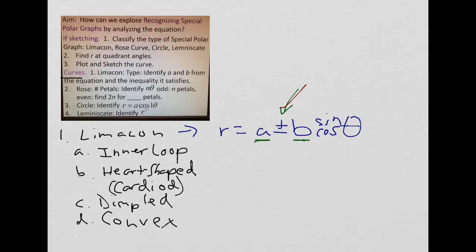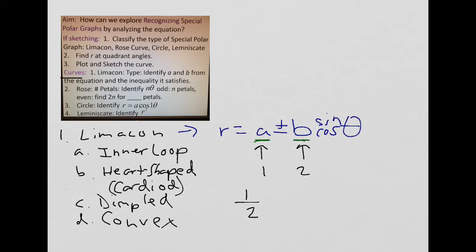Let's erase it. Okay, no good. We're just establishing what a is and what b is, the number before the plus or minus sign and the number after. Once you establish what those numbers are, let's say they're 1 and 2, we're going to divide them. Then we're going to compare that.